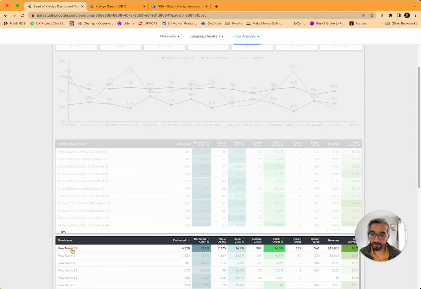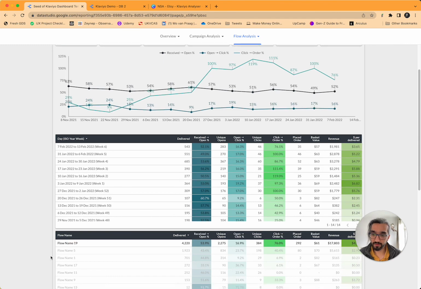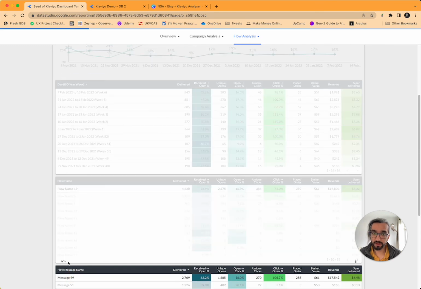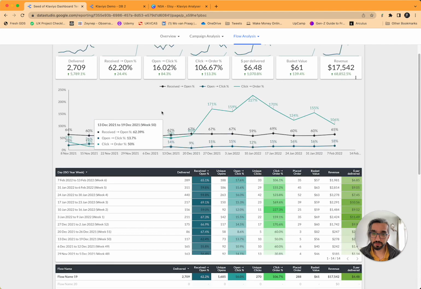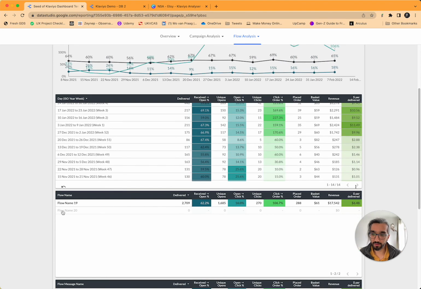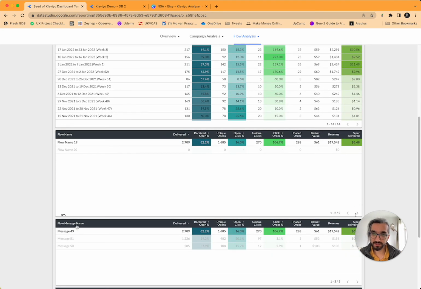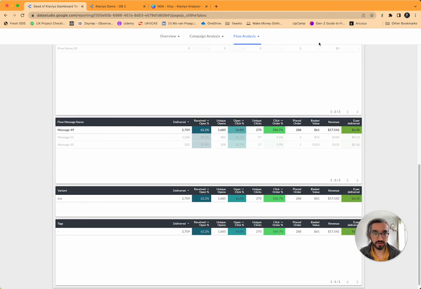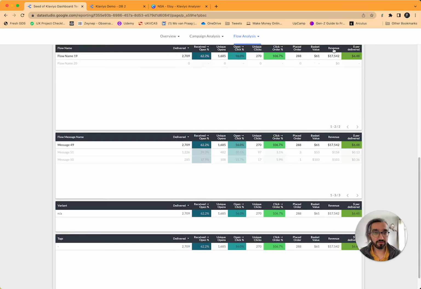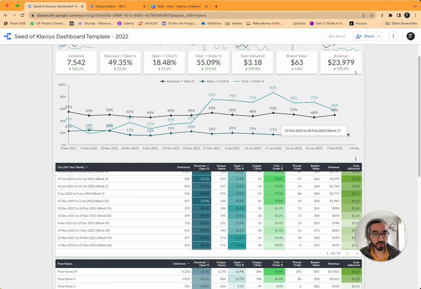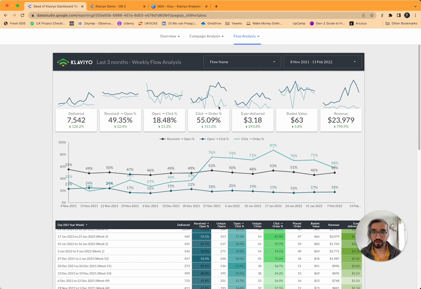Now, let's look here. Flow name 19 message. Yeah, look at this. This message has wonderful performance. It would be very hard to understand the data with this kind of tool interface.